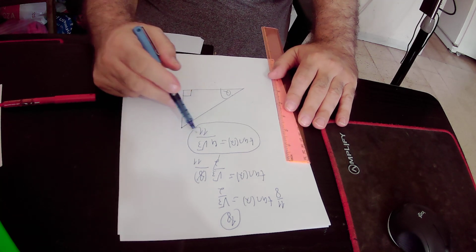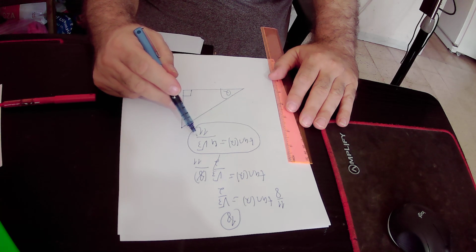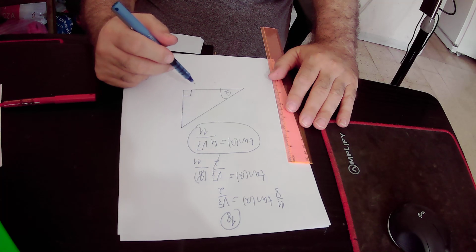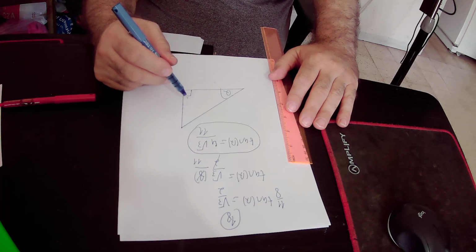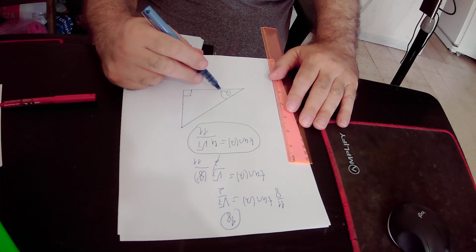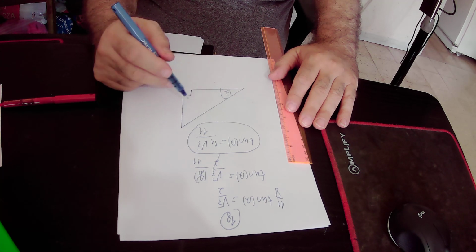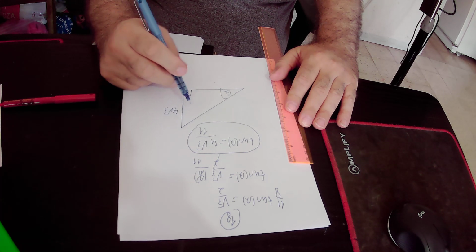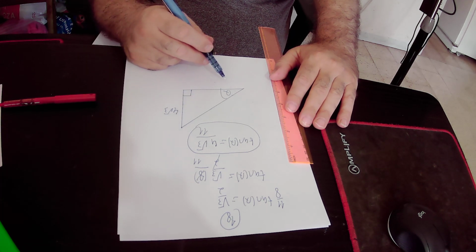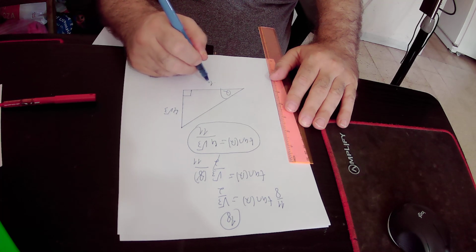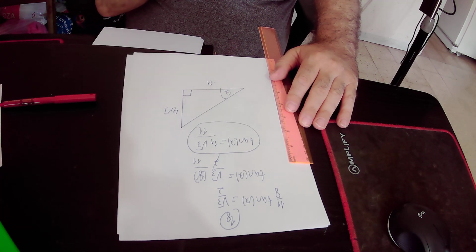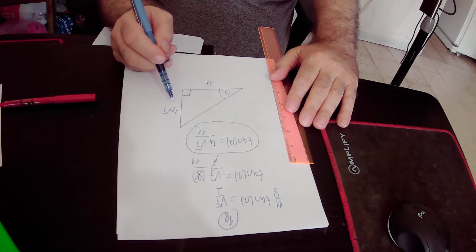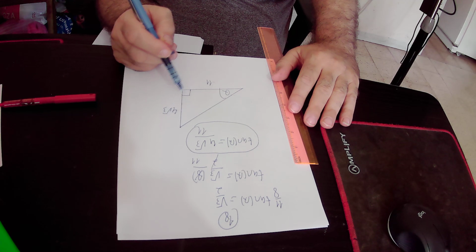The meaning of this equality, tangent q equals 4 times root 3 over 11, is that tangent q equals the relationship between the side in front of angle q, that is 4 times root 3, over the side near angle q, that is 11.